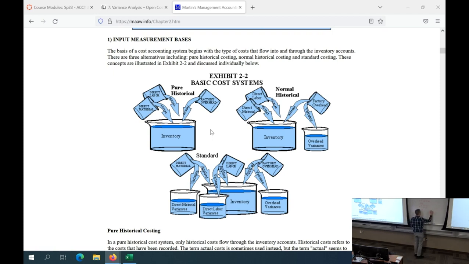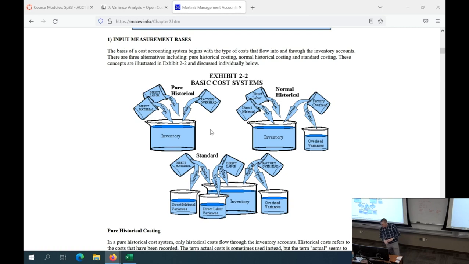And then we have our variance accounts over here, where we're going to record the difference, 50 cents in this case. This is a DM variance. And a DL variance account over here. We'll record the $2 difference between standard and actual over here. Okay, so that's what it gets at.